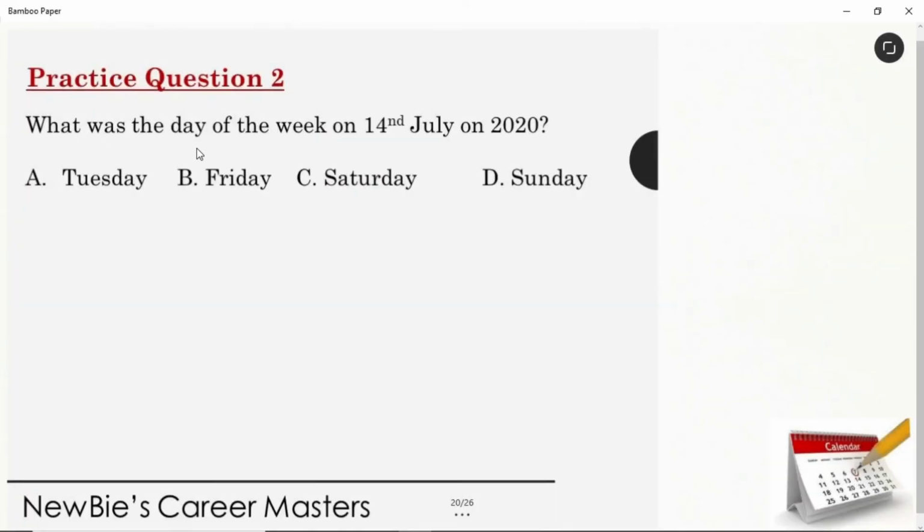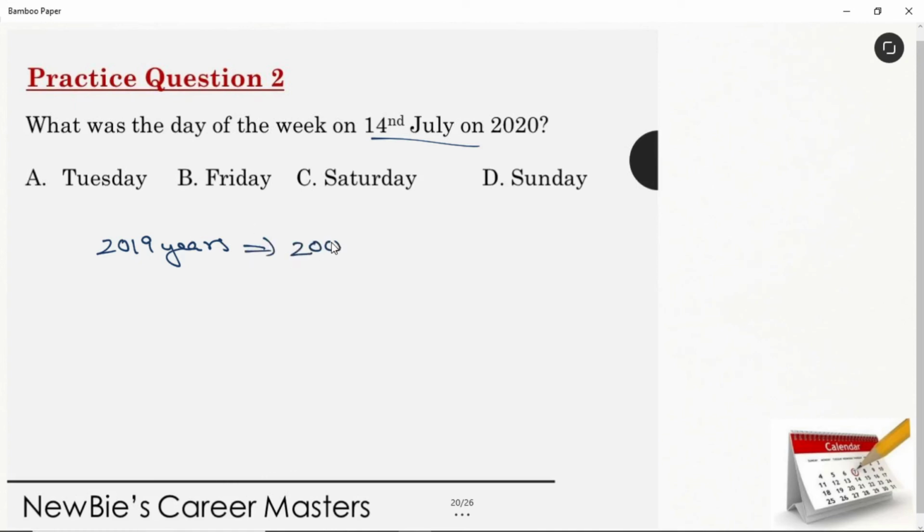Question is, what was the day of the week on 14th July 2020? Okay, what's the first step? You have to check how many years have got completed. 2019 years have got completed because 2020 is still running. Correct.